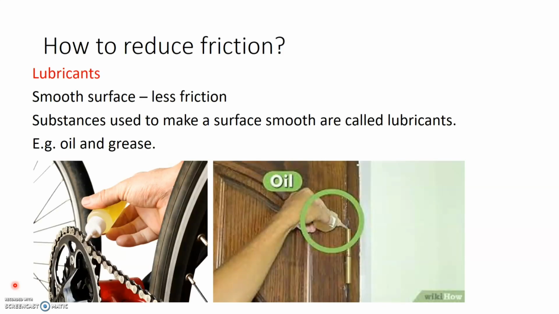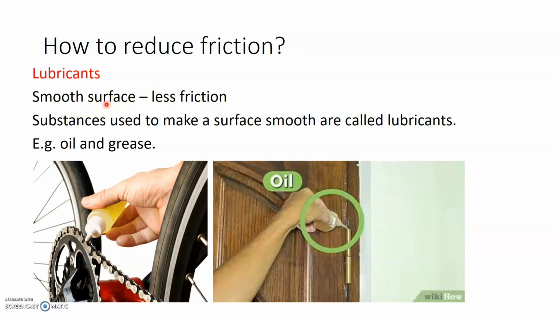So the first method by which we can reduce friction is by the use of lubricants. Now what are these lubricants? Lubricants are substances that are used to make a surface smooth. We have already learned that the force of friction is more on rough surfaces, while it is less on smooth surfaces.